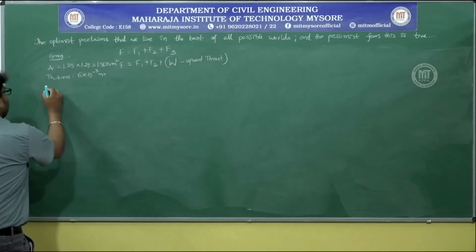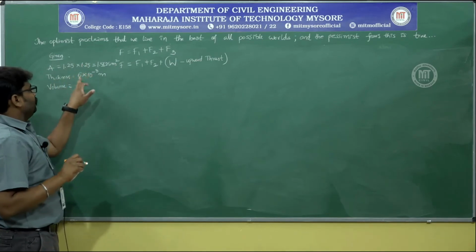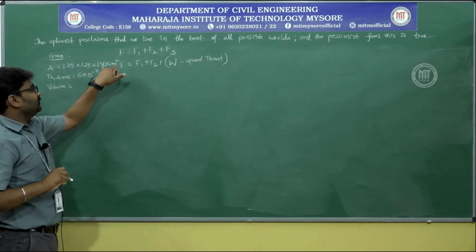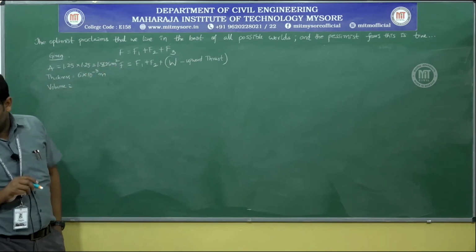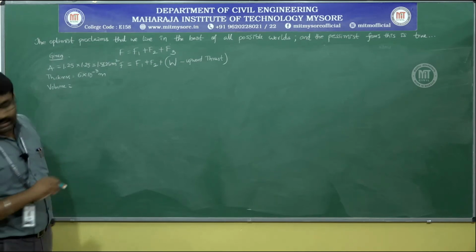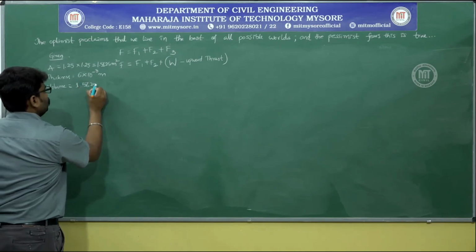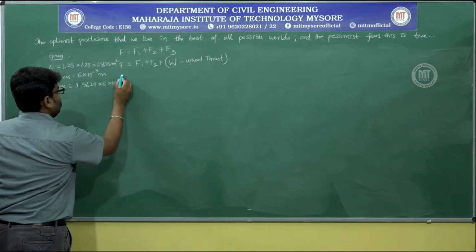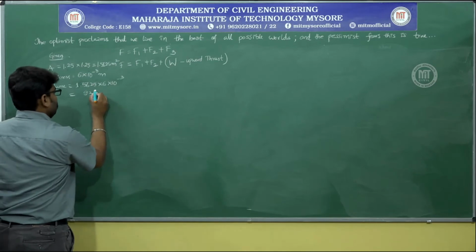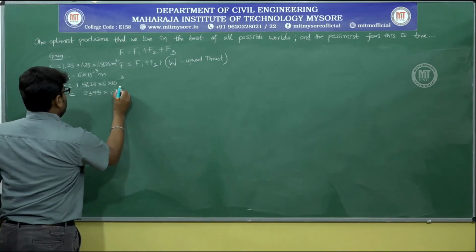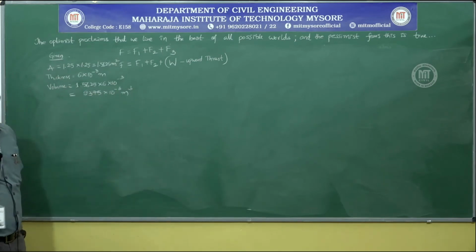Volume is equal to 1.25 into 1.25 into 6 millimeter, or in other words 1.5625 multiplied by 6 into 10 power minus 3, which comes out to be 9375 into 10 power minus 3 meter cube, or in other words 9.375 meter cube.